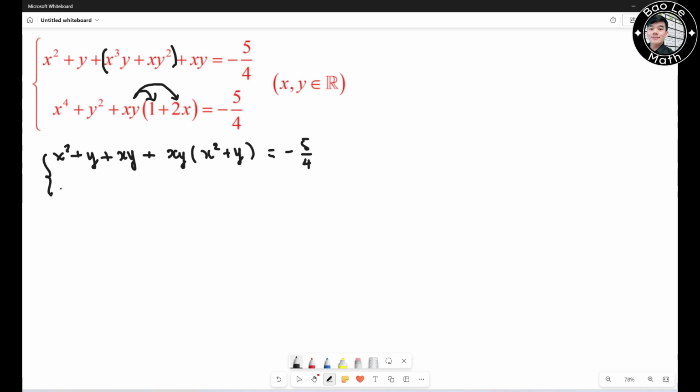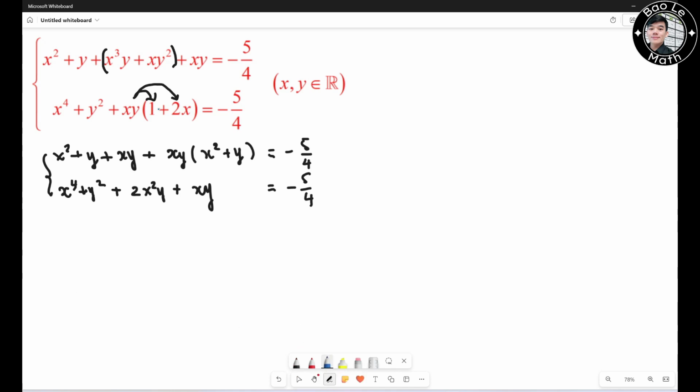The second one, I rewrite this one. Distribute this one, it turns out to be plus 2x squared y plus xy equals negative 5 over 4.